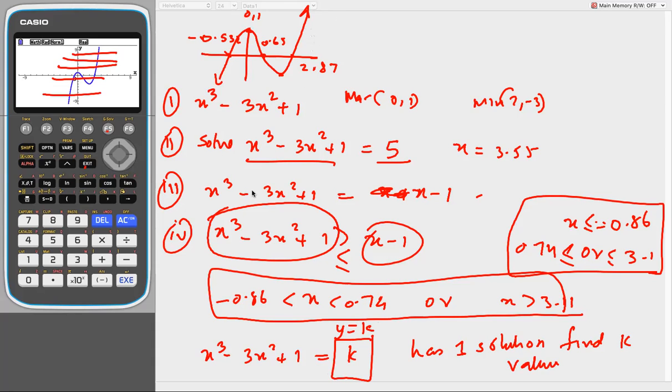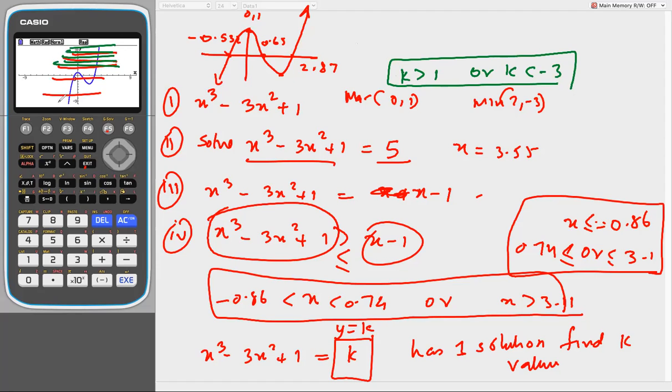So how do we figure out the range of k values? You can use the maximum and minimum coordinates to figure out your answer. If I take k values greater than 1 or k values less than -3, I get these areas, and in that case it intersects at only 1 point.